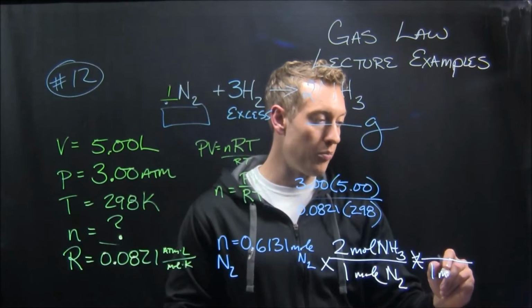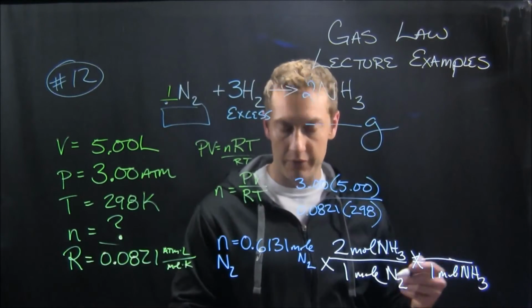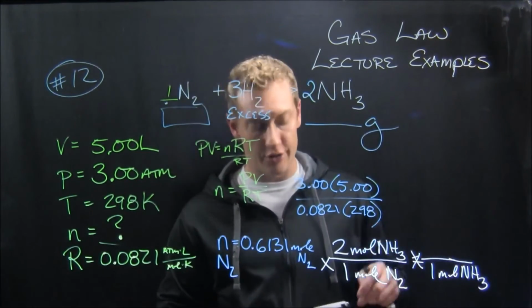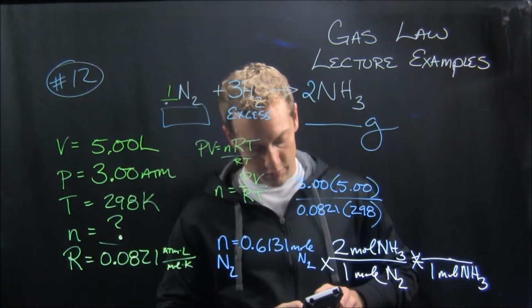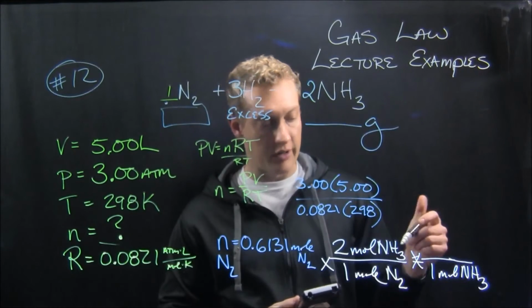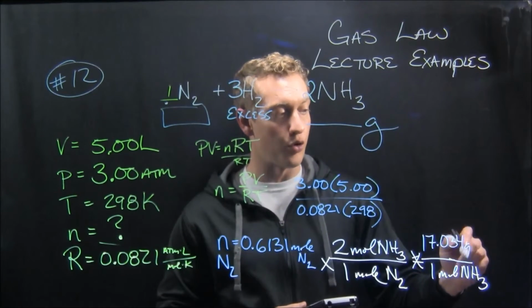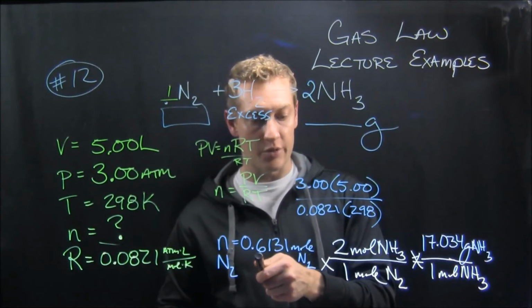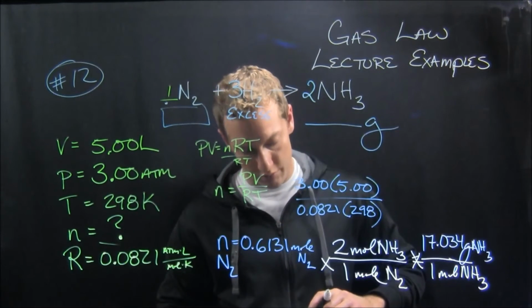Ammonia, so 1 mole of ammonia has a mass of... nitrogen is 14.01, hydrogen is 1.008. So it comes up to exactly 17.034 grams of ammonia. So 0.6131 times 2 times 17.034.